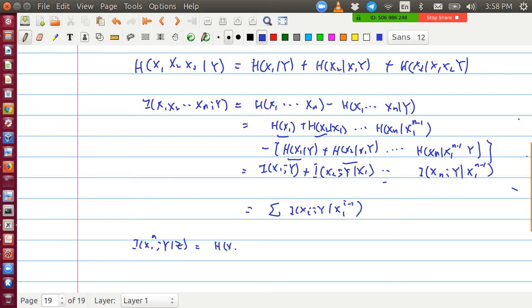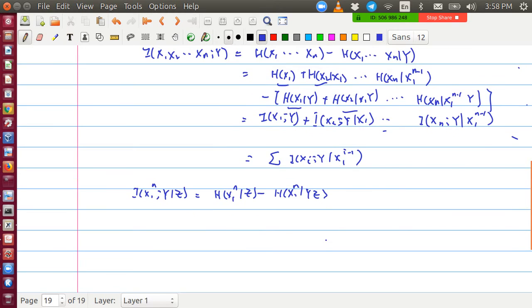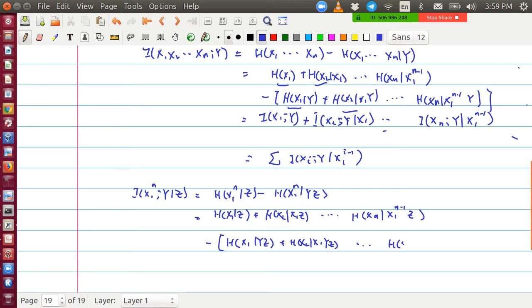That would be H(X1 to Xn given Z) minus H(X1 to Xn given Y, Z), and that would be H(X1 given Z) plus H(X2 given X1, Z) and so on up to H(Xn given X1 to Xn-1, Z), minus H(X1 given Y, Z) plus H(X2 given X1, Y, Z) and so on up to H(Xn given X1 to Xn-1, Y, Z), something like that.